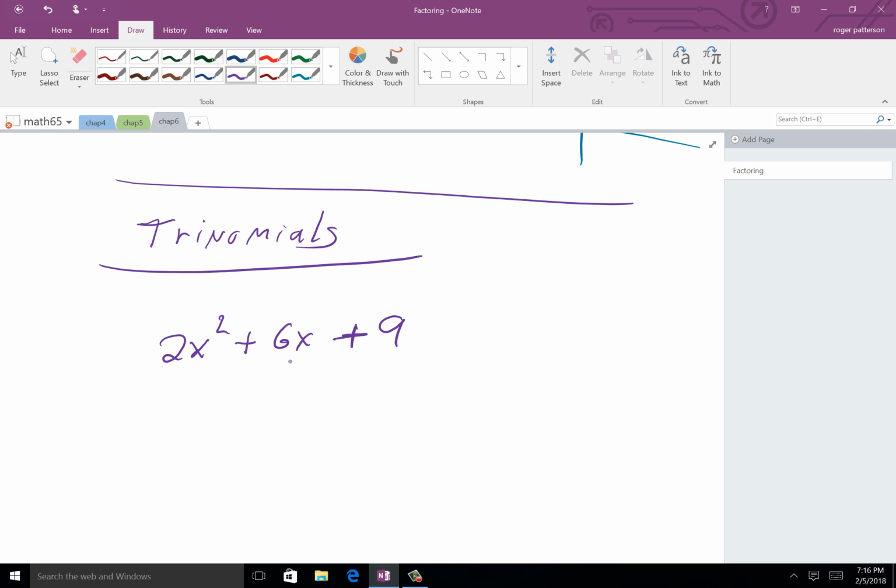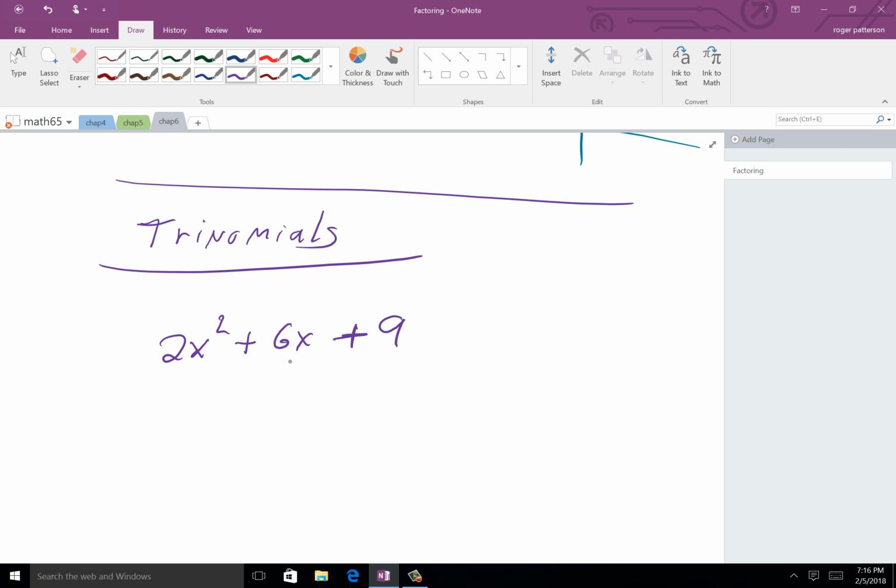Well, there's actually 2 ways to do this. So I'm going to show you both ways, and you can pick the way that you want to do it. But I'm going to tell you again that if you're going to take Math 95, it's going to help you be able to look at this and factor it as quickly as possible.